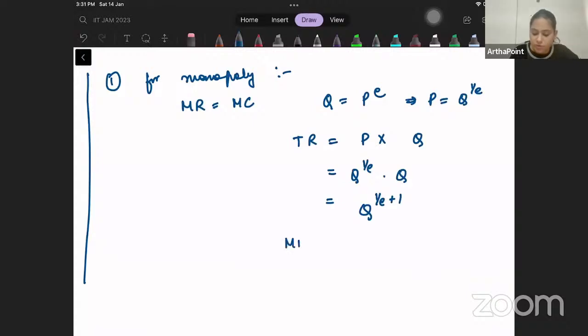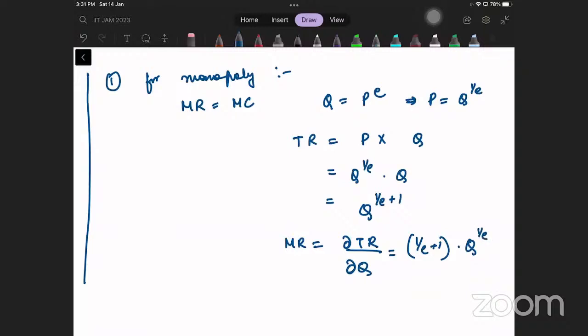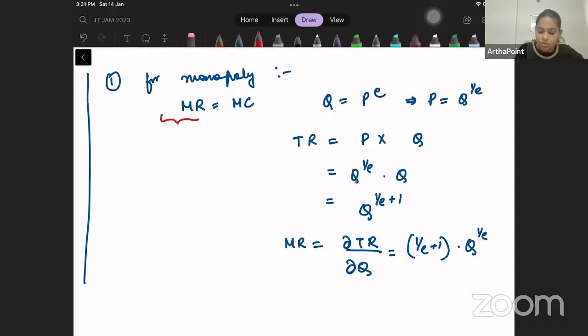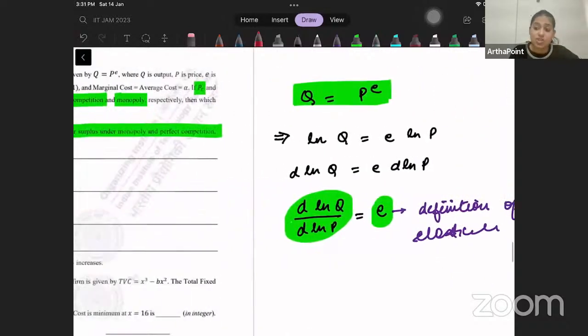What is marginal revenue? How total revenue changes as quantity changes. It is going to be 1 by E plus 1, Q to the power 1 by E, and you will differentiate it. This is what you will get. Now, after I get this, in place of marginal revenue I can put 1 by E plus 1, Q to the power 1 by E equal to marginal cost.